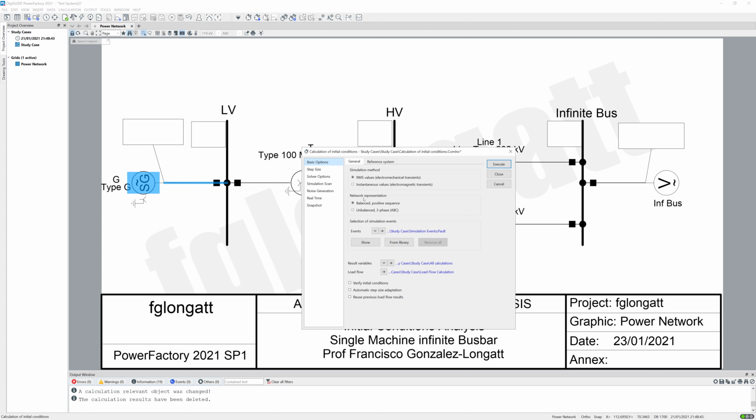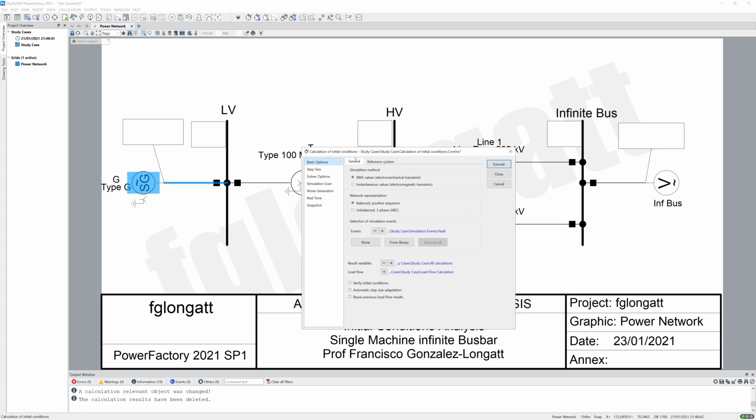For that reason, we need to keep the basic balanced, positive sequence representation here. What this menu is telling you is that when we run initial conditions, PowerFactory will be solving the differential equations for the electromechanical transients, using RMS values, fundamental frequency, and only considering the positive sequence, okay?